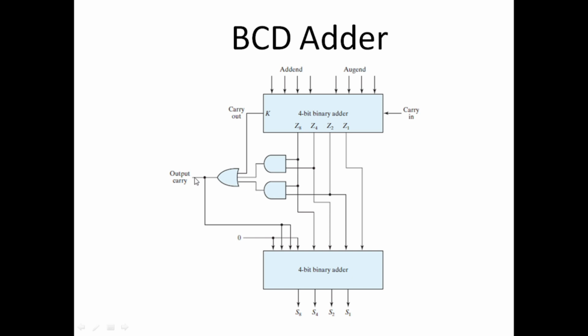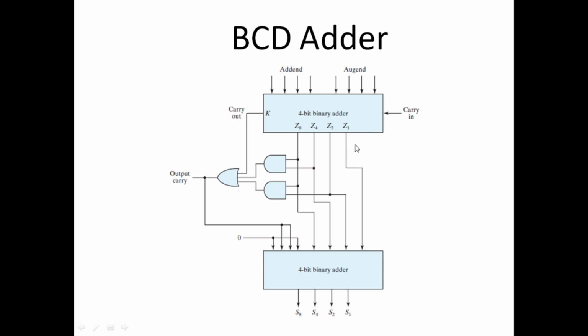So this becomes the output carry C, and this C is 1 when either K is 1, or Z8 and Z4 are 1, or Z8 and Z2 are 1. Then this output carry is 1. So this actually shows the carry C of the BCD sum, and we need correction when this output carry is 1.